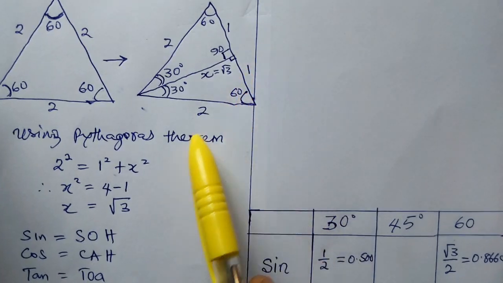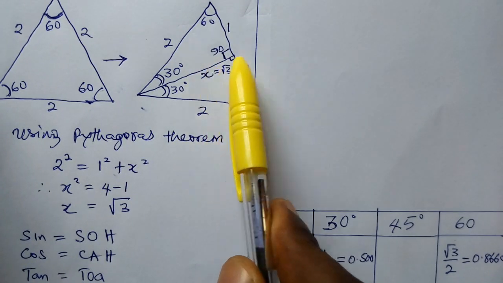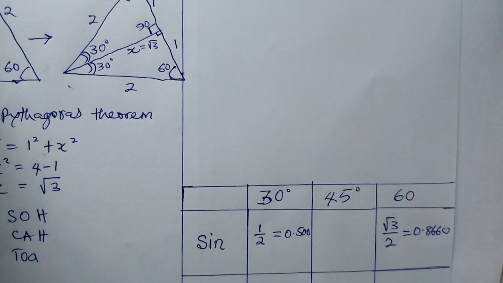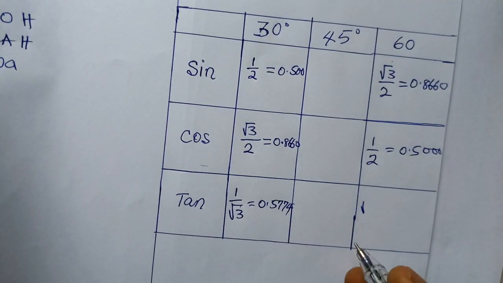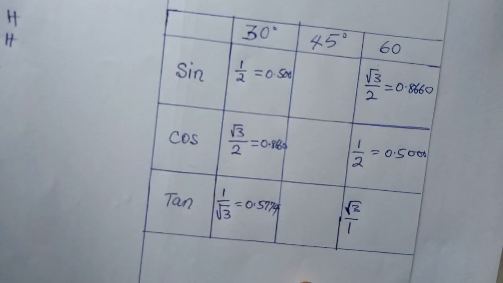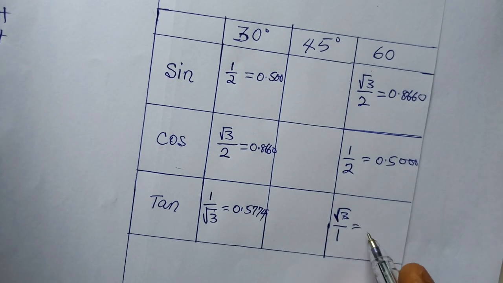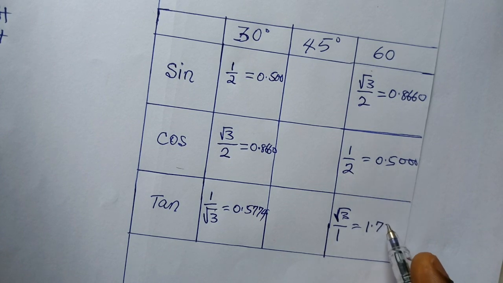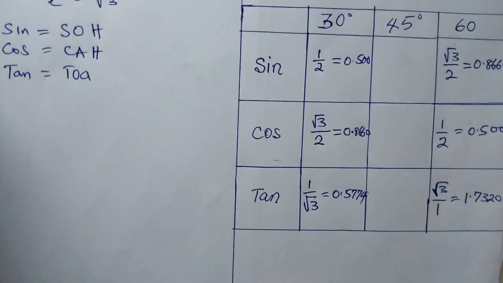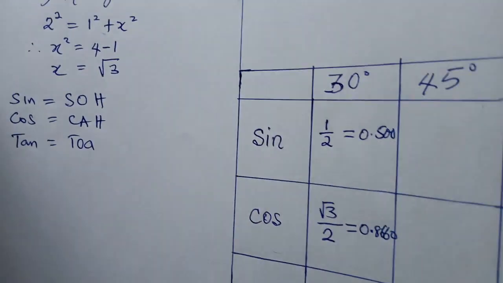So opposite of 60 is root 3 over here. That's root 3 over 1, and root 3 over 1 is equal to 1.7320 approximately. So that is for 60 degrees.